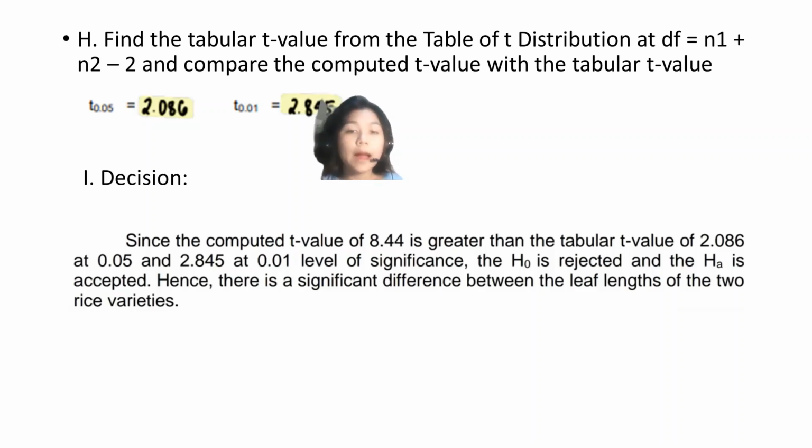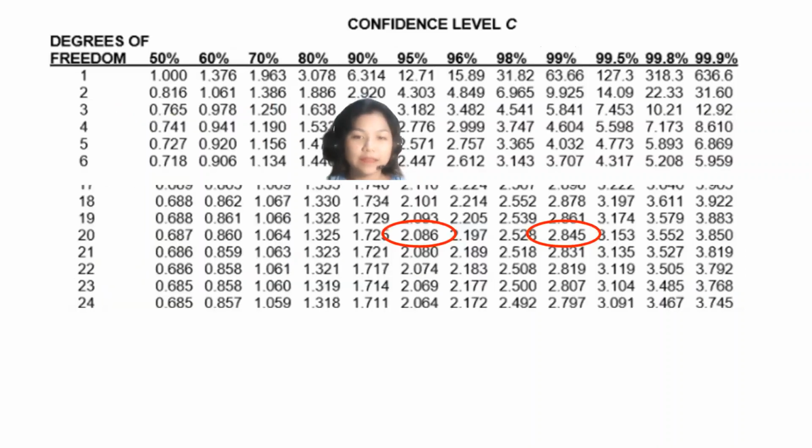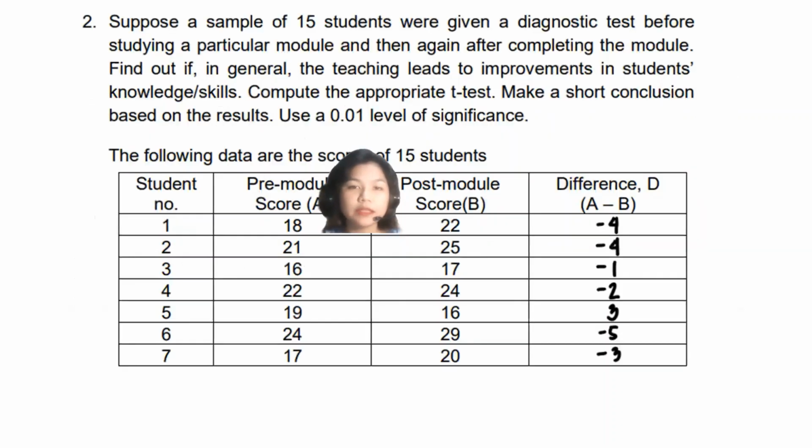Okay? Para naman po sa computed t-value, which is actually greater than 1%, it means po it is highly significant. So, dito po sa case natin, mas malaki po siya sa 1%. So, it is actually highly significant. Kaya, I hope po na sa time na ito, marunong po tayo tumingin ng ating t-table distribution.